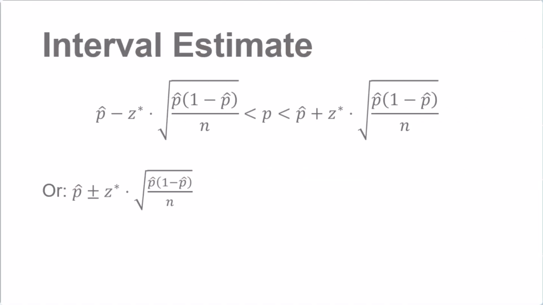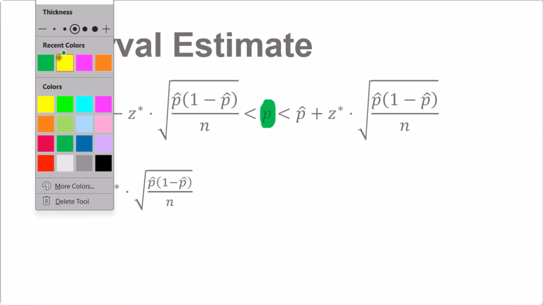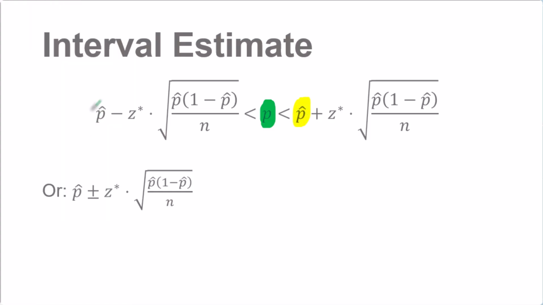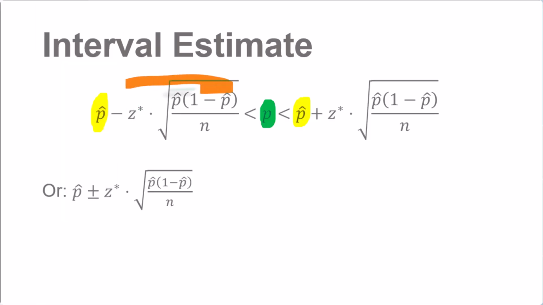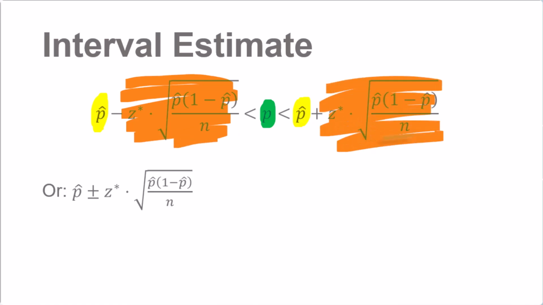So here's what that looks like as a formula. We're saying that our population proportion, the thing we're trying to estimate, falls somewhere between the sample proportion, that's our p-hat, the point estimate, plus and minus what we call the margin of error. That margin of error is the critical value times the standard error.